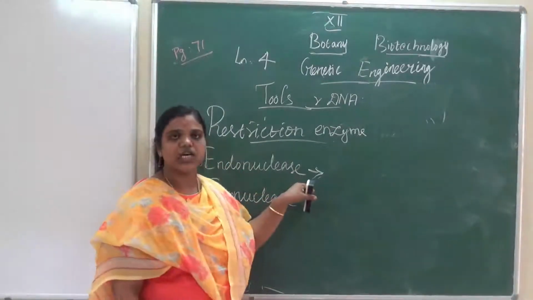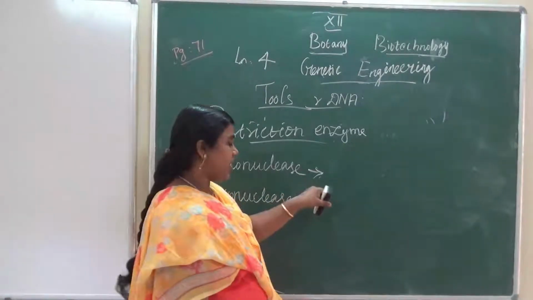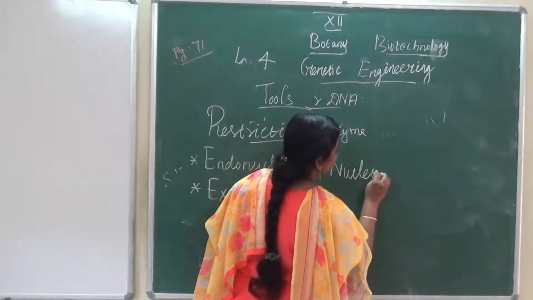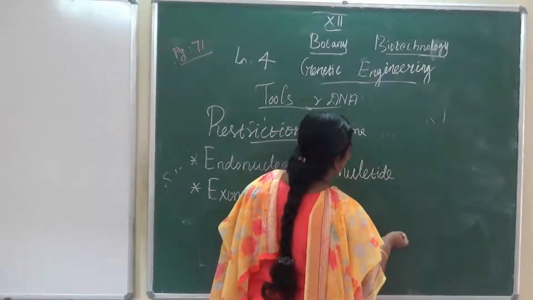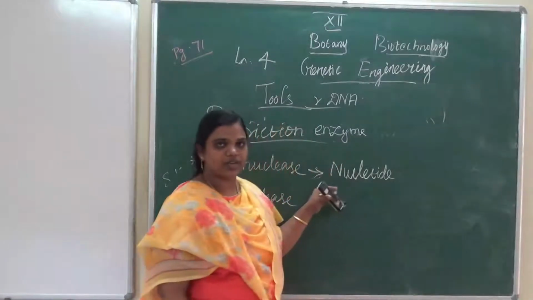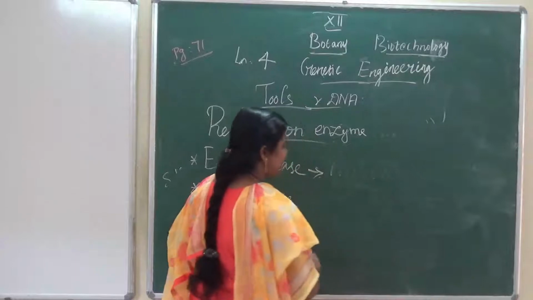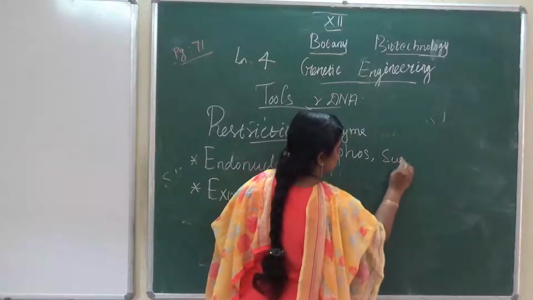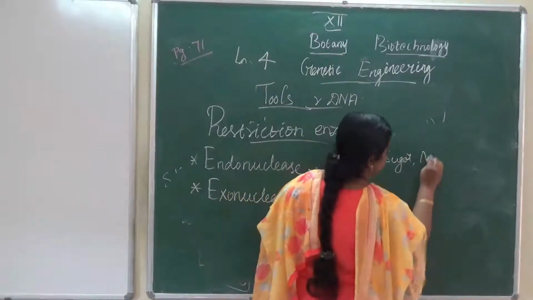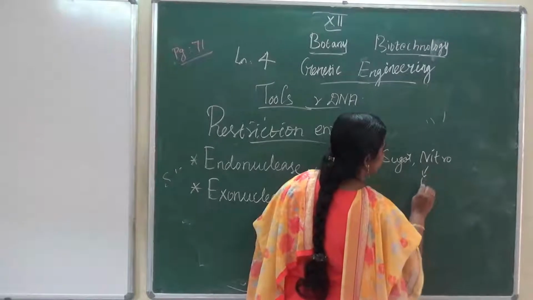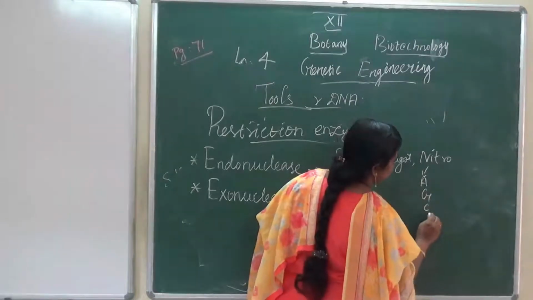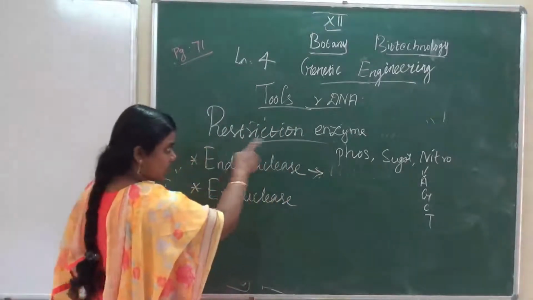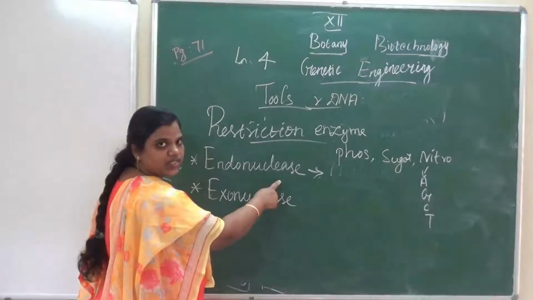Restriction endonuclease cuts the DNA fragment at the nucleotide, meaning it can cut the phosphate and sugar and the nitrogenous bases, that is adenine, guanine, cytosine and thymine. This portion can be cut in the DNA; the cutting enzyme is the endonuclease enzyme.